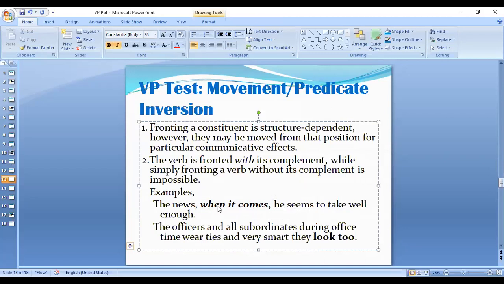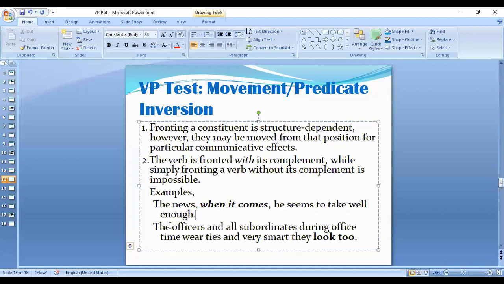Actually, this is a verb phrase because it moves to the fronting part, to the fronting constituents. So we can say that sometimes a verb phrase moves ahead. By this approach of testing, we can identify whether it is a verb phrase or not.